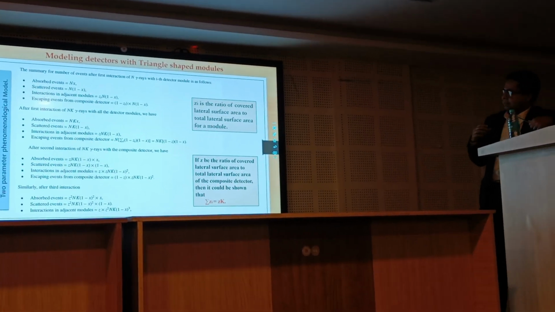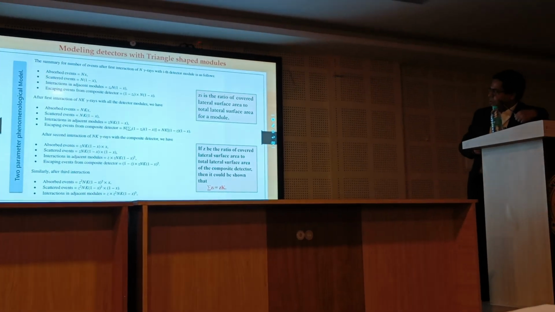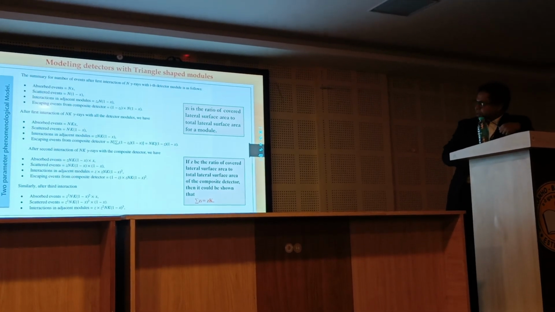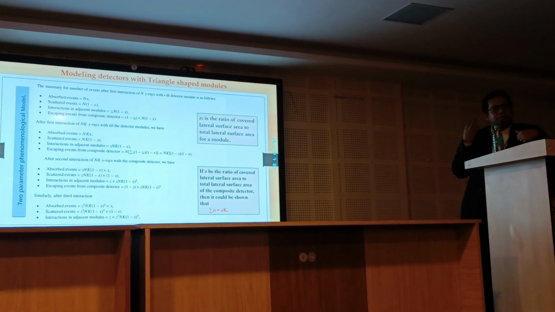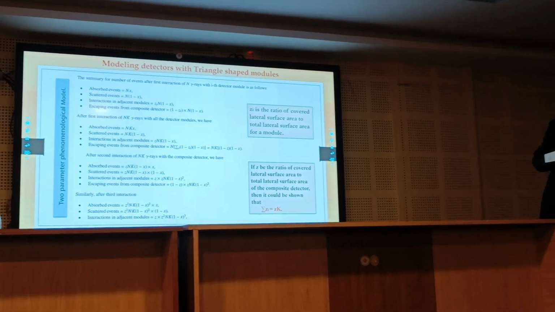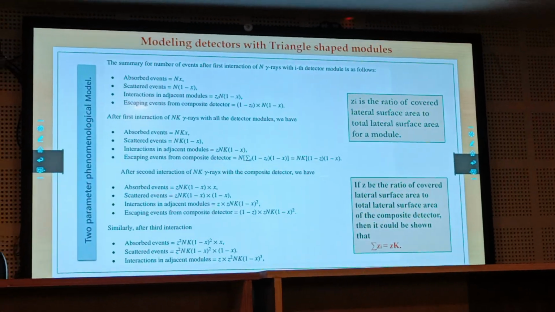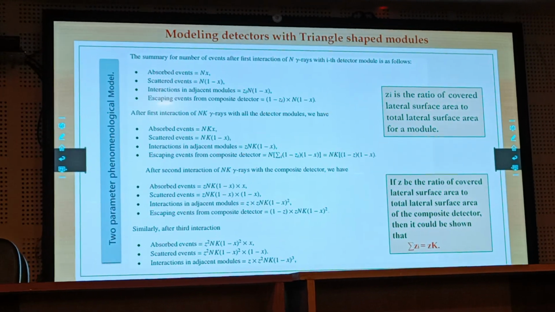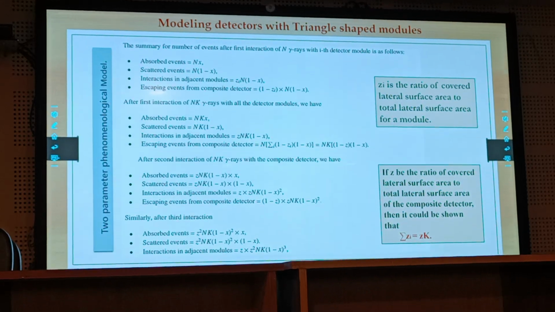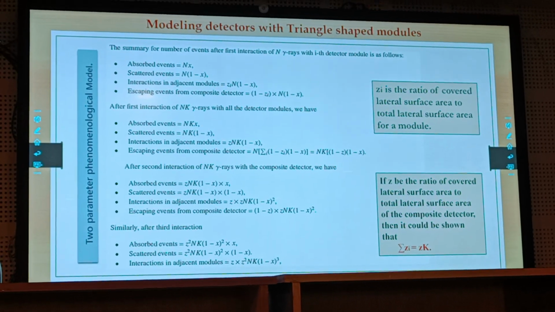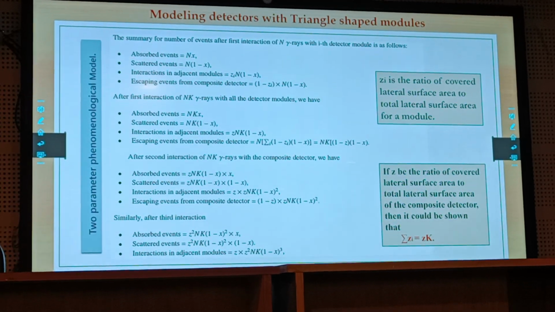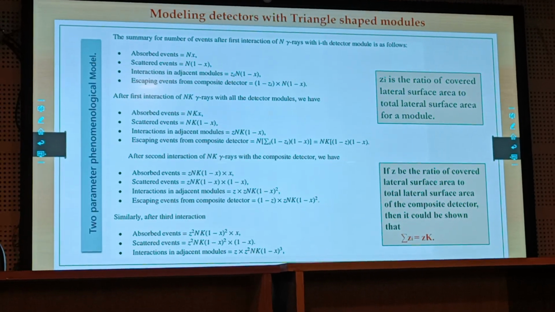Here, another parameter is introduced, that is z, which is the ratio of covered lateral surface area to total lateral surface area. Introducing this parameter z, we see that these calculations become much simpler and we get approximately similar results. So with the introduction of z, we modified our calculations a little bit.